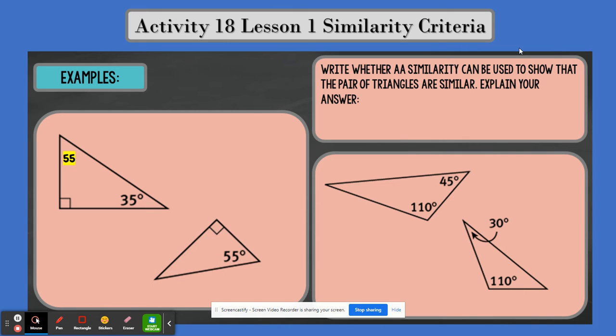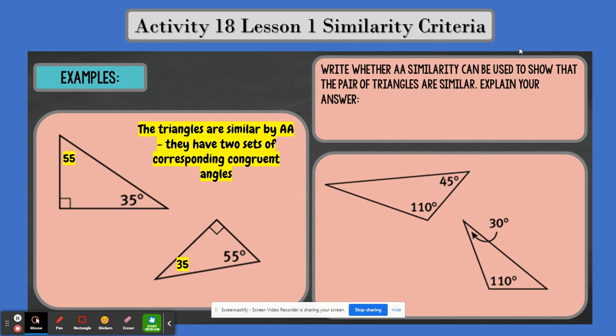Do I even need to find this angle here? No. Because how many angles do I need? 2. As long as I see 55, as long as I see 90, then that's all I need to say that the triangles are similar by AA.